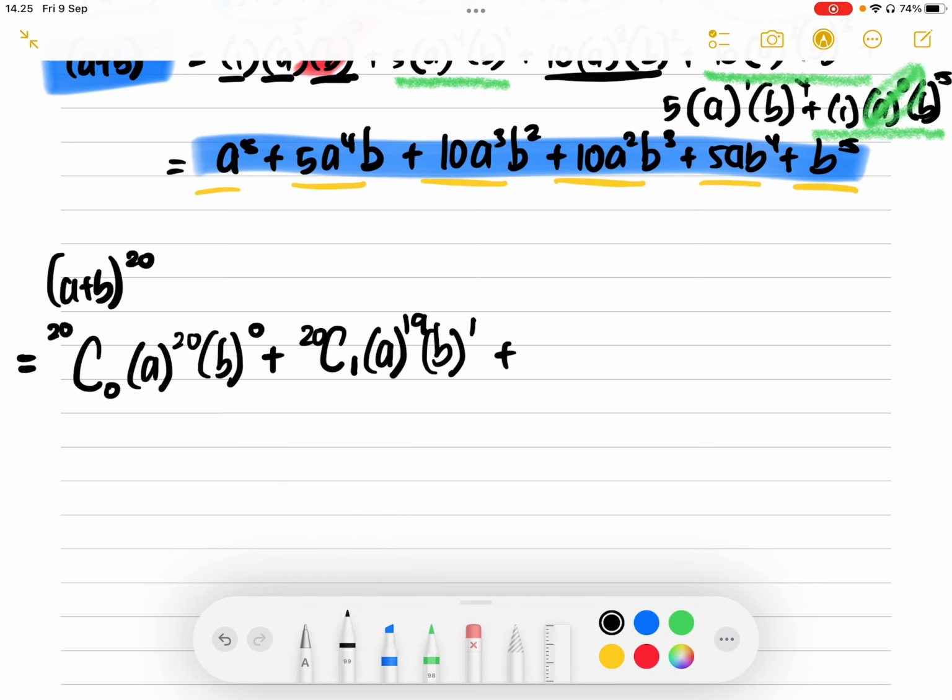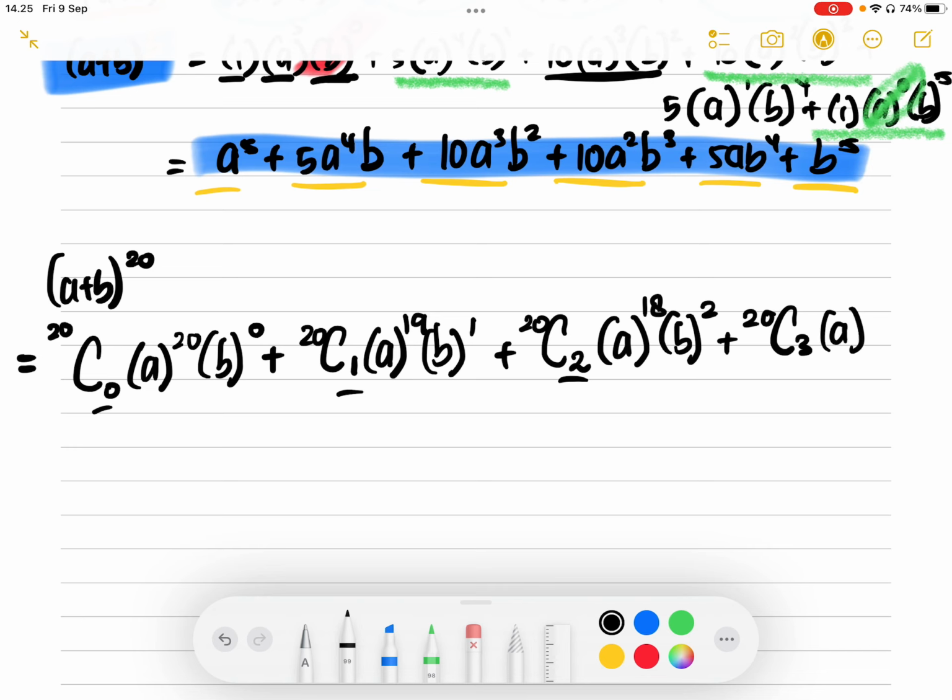Then the third term will be 20C2, A to the power of 18, B to the power of 2. And the next term will be, you guessed it already, 20C3, A to the power of 17, B to the power of 3, and so on.